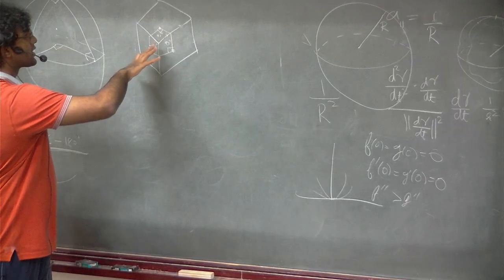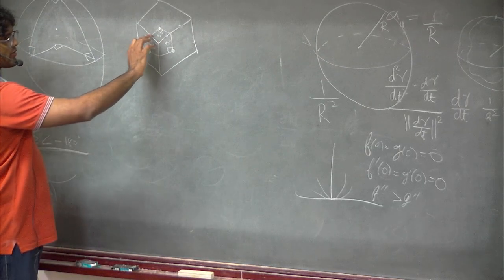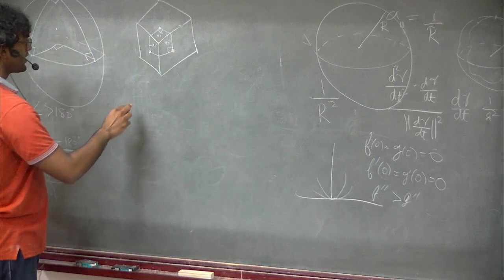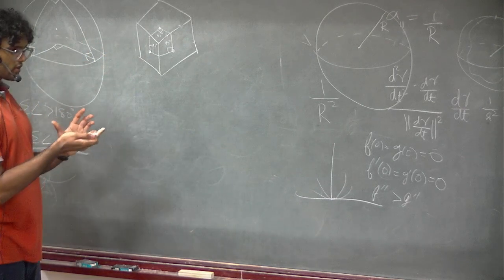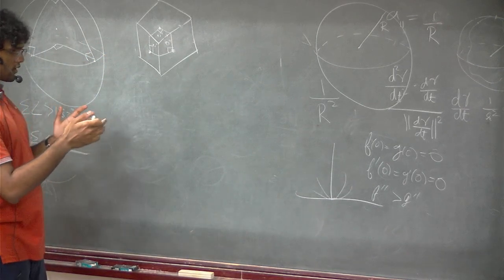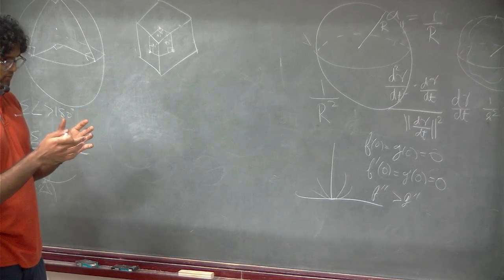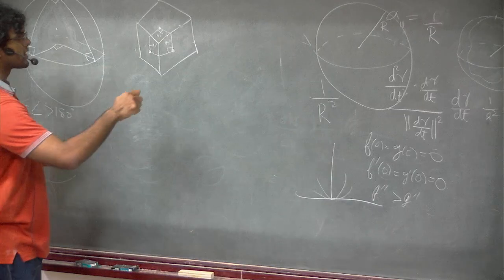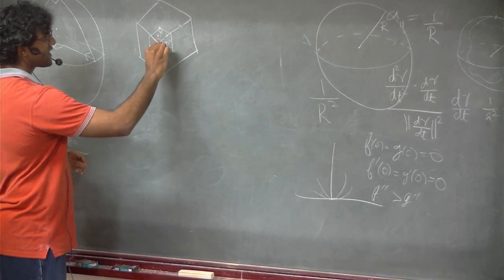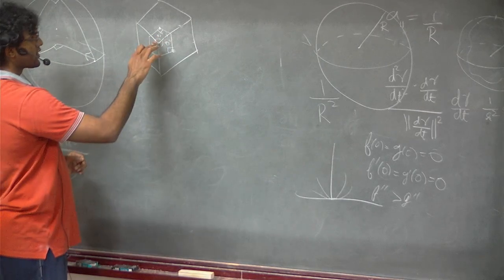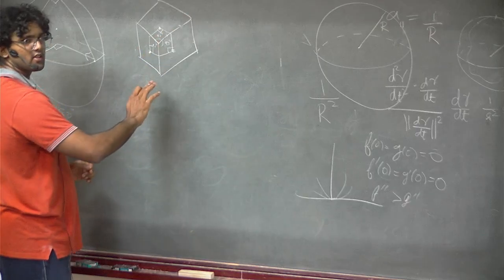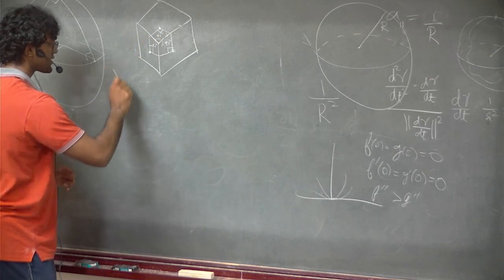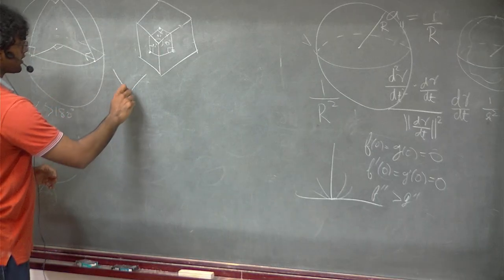Another way to see this is if you were to take just these three faces and unfold the net, it is impossible to unfold it in a way that doesn't cause any tears, because these three angles are 90 degrees, and if you want no tears along any of these, then you would end up with a point, and the images of these edges along the unfolding would be something like this.